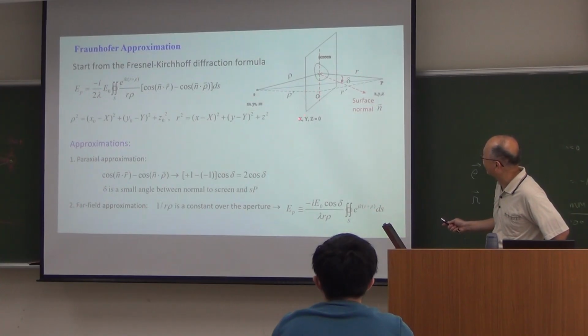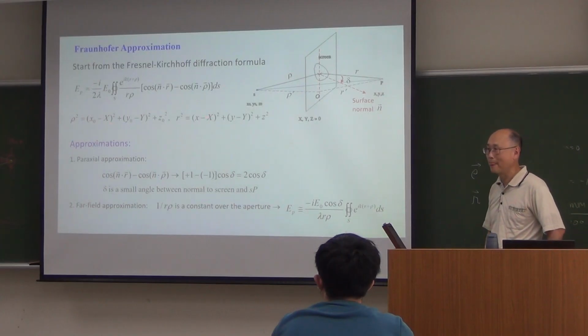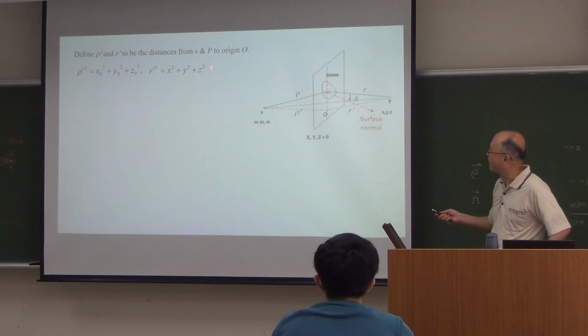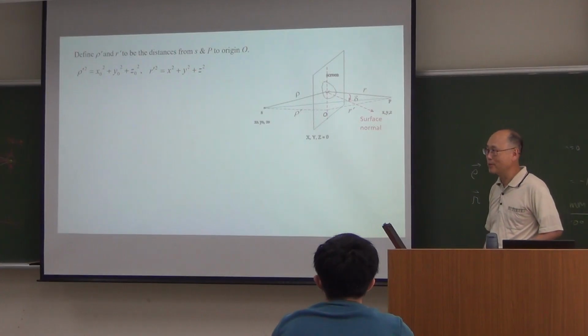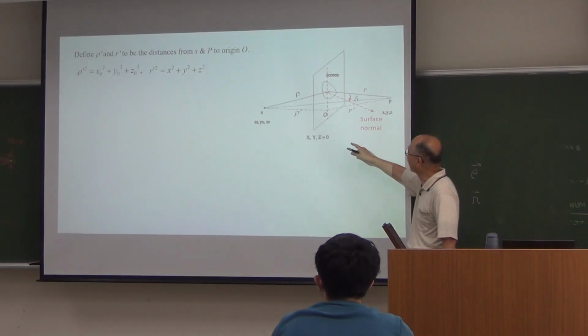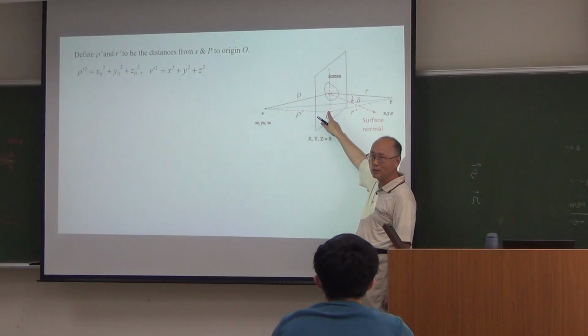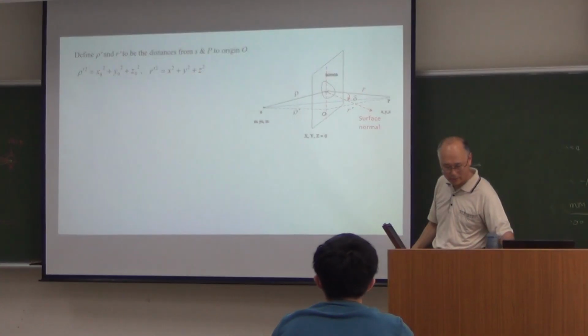So you set capital X, capital Y, capital Z equal to 0, 0, 0. Then you have rho prime and r prime. You have this calculation based on the coordinates, because you are calculating everything relative to the origin. So it's an easy calculation.